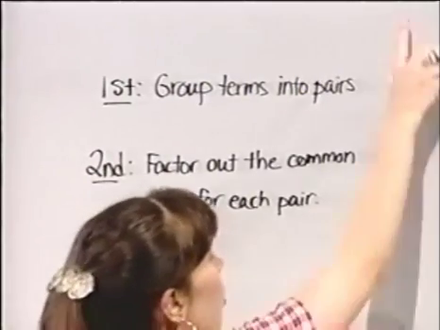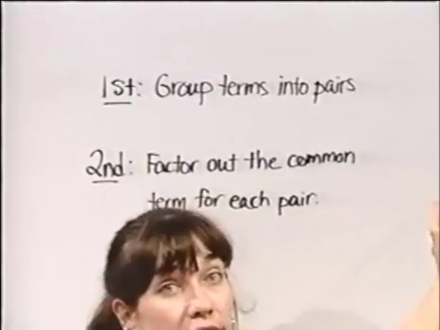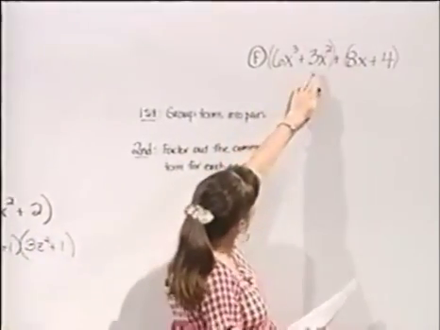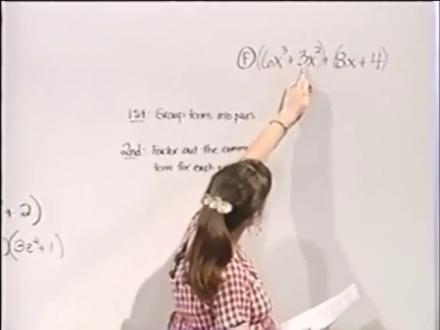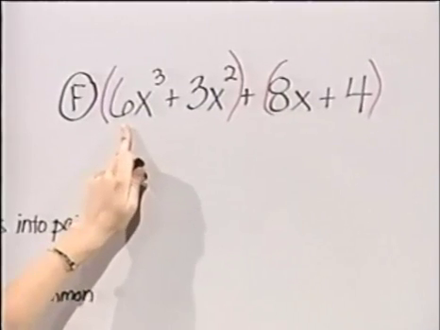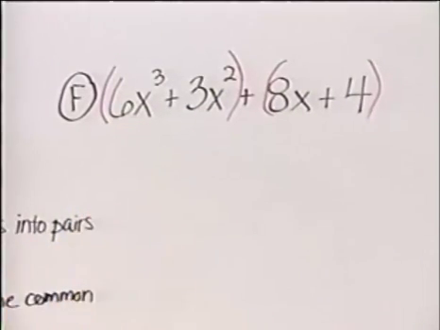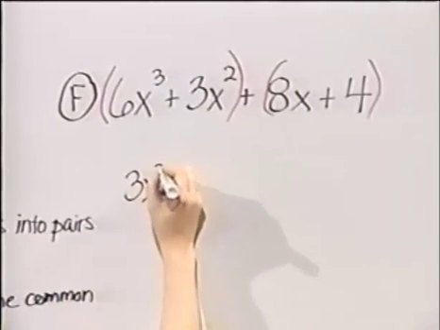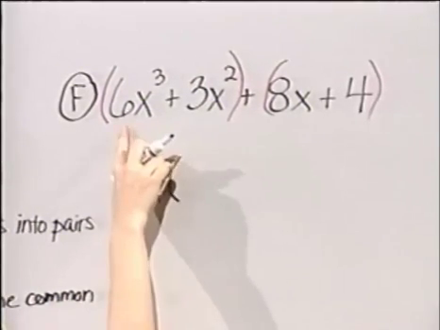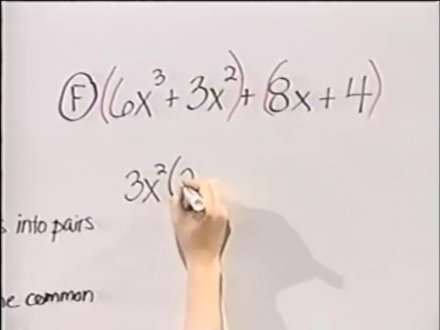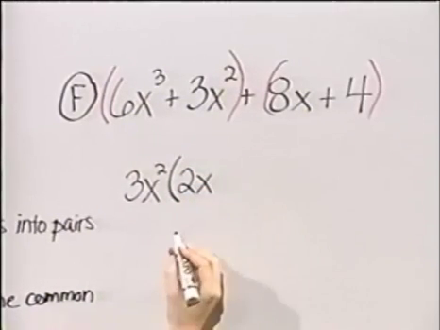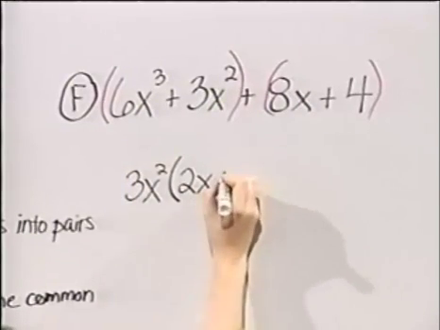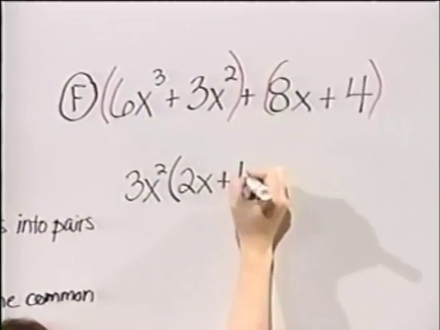So, let's take the first pair, and we're going to factor out the common term. So, the common term here, what can I take out? I can take out a 3, and I can take out x squared. 3x squared. And when I do, I'm left with, and you can check, 2x, because 3 times 2 is 6, x squared times x is x cubed, plus 1.